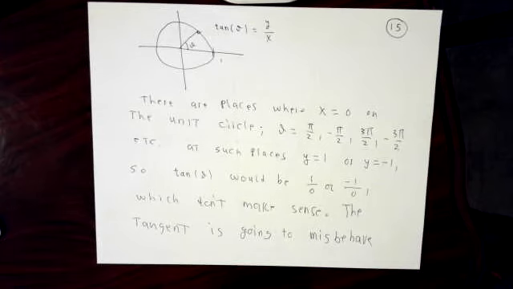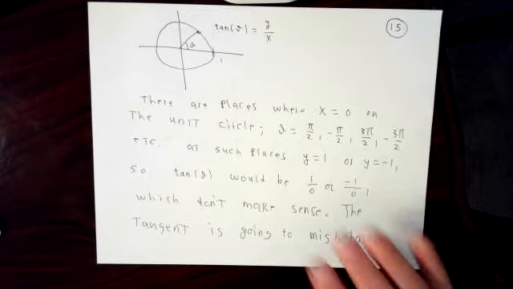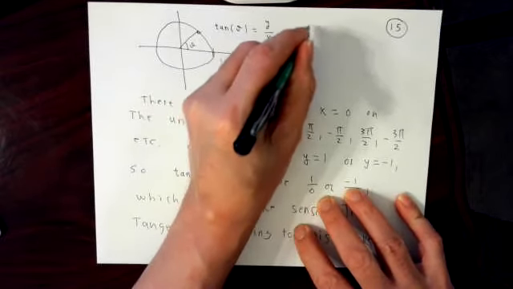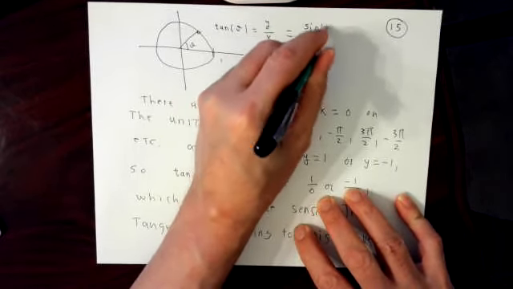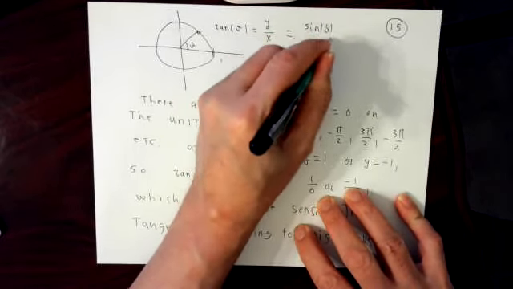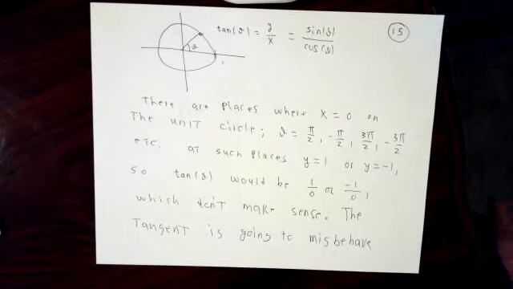The tangent of theta, though, is y divided by x, which, if you want to think about it, is sine of theta divided by cosine theta. We've already seen on the graph of the cosine function, there are places where cosine of theta is 0. That means in terms of the coordinates of the point on the unit circle, the x coordinate is 0.